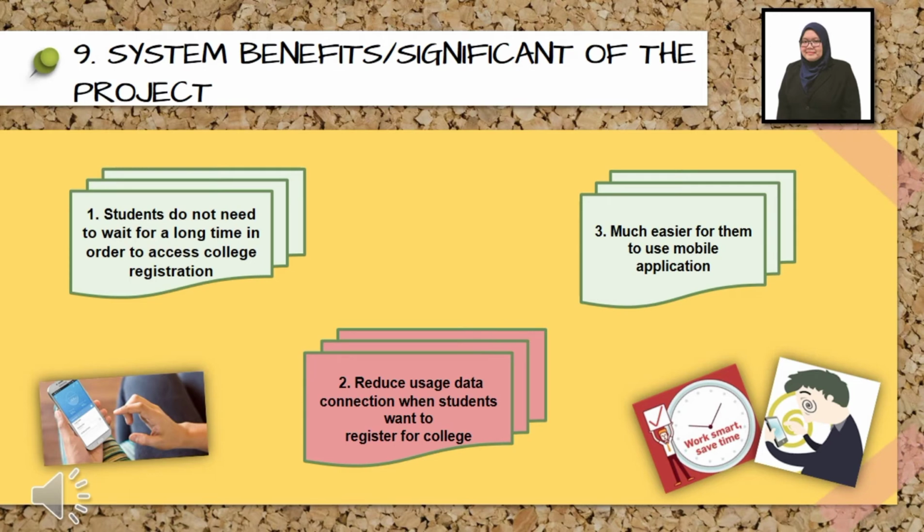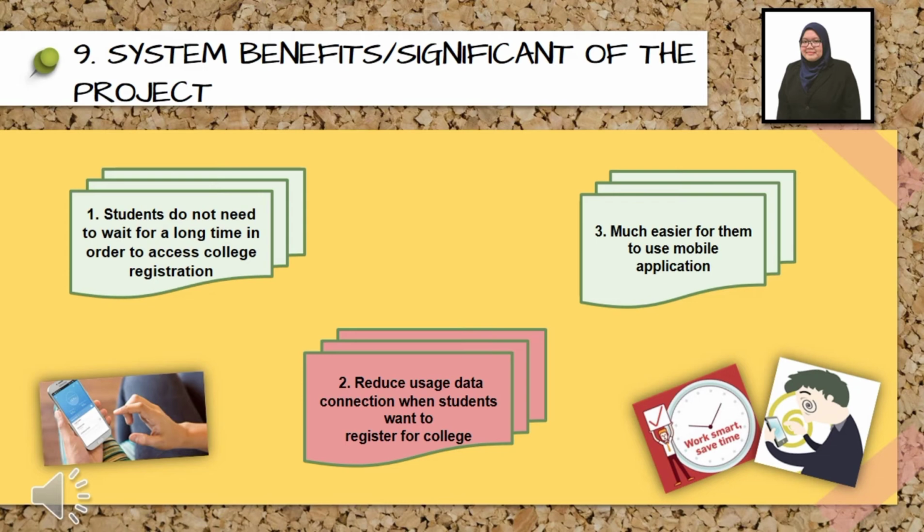Next, system benefit for the college. There are many benefits if UiTM invests in the college registration student application Coresta. Firstly, students do not need to wait a long time in order to access college registration. This is because a mobile application is faster and easier than using the iStudent portal website.